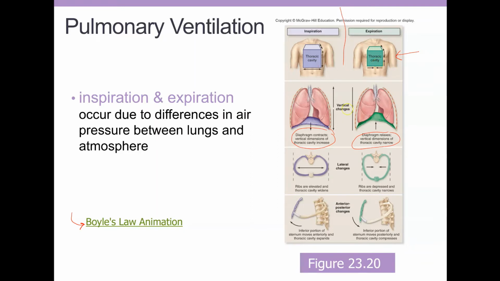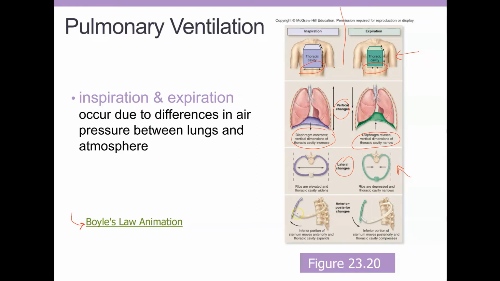It also causes the vertical changes. Well, I guess that's really just talking about vertical changes of the diaphragm. You have lateral changes in your thoracic cavity as well, and that's highly due to your ribs. So your ribs being elevated to widen your thoracic cavity like you see in inspiration, or the ribs depressing and squeezing in to constrict and compact that thoracic cavity on expiration.